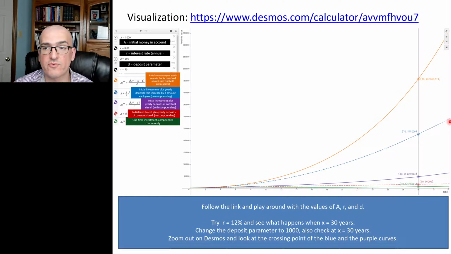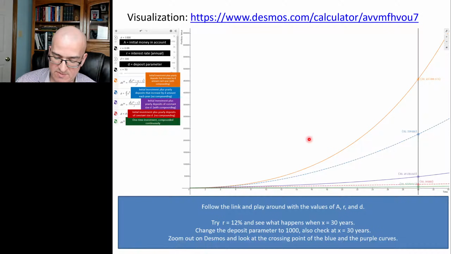So it's a linear growth rate of the deposits, whereas the compounding is an exponential growth rate. And at some point, the exponential growth rate will take over. It'll dominate. Compounding wins in the end. No savings rate will beat compounding unless the savings rate is exponential, or the growth of the savings rate is exponential.